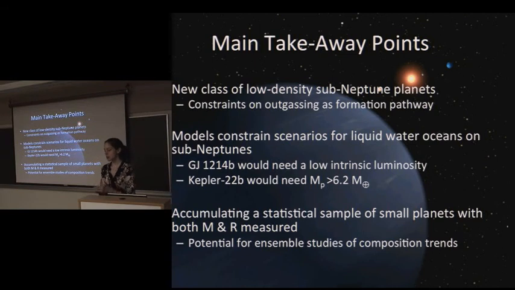So there, the detailed chemical compositions have a larger effect. And so, yeah, that's definitely something I want to pursue. It's not something that I've included yet in what I presented today, but ultimately it could potentially further constrain the parameter space for liquid water oceans, but it would be more sensitive to assumptions about the precise chemical composition of the planet layers.